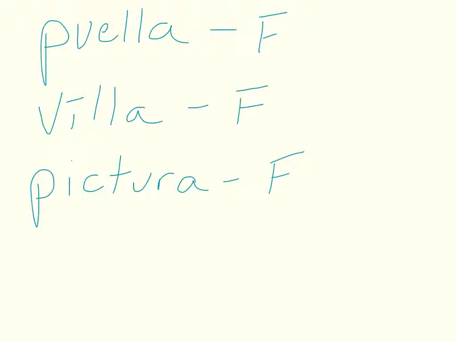What do these all have in common? Let me give you a second to figure that out. And if you guessed the A ending on each one of them, you'd be correct. So that's a pretty good way to tell if our noun here is feminine. The A ending indicates that it is a feminine noun.